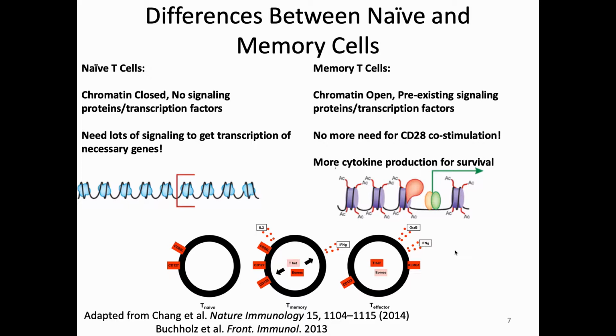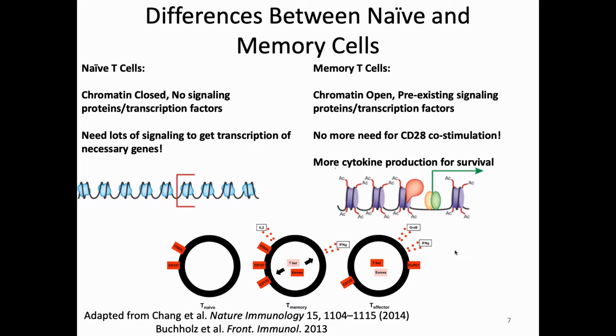These cells are not going to need CD28. These cells are also going to be producing quite a bit of cytokine to help themselves survive. And there may be big differences in some other transcription factors that are important in memory responses between these cells as well, as is described at the bottom.